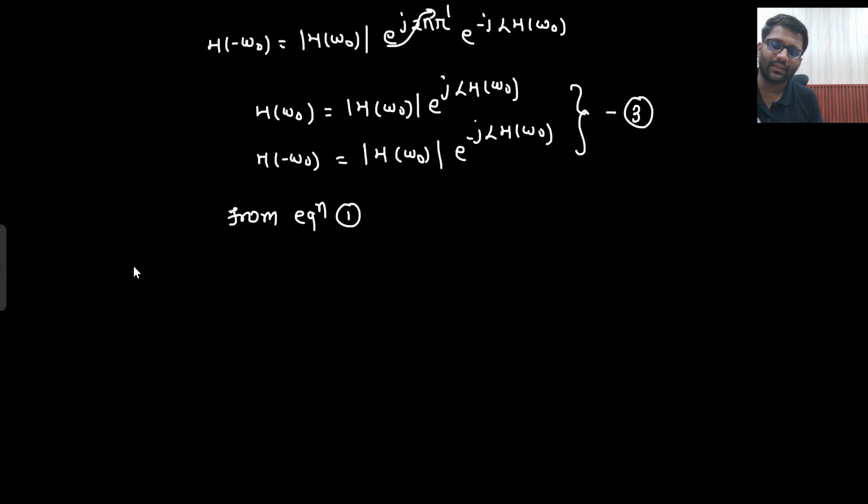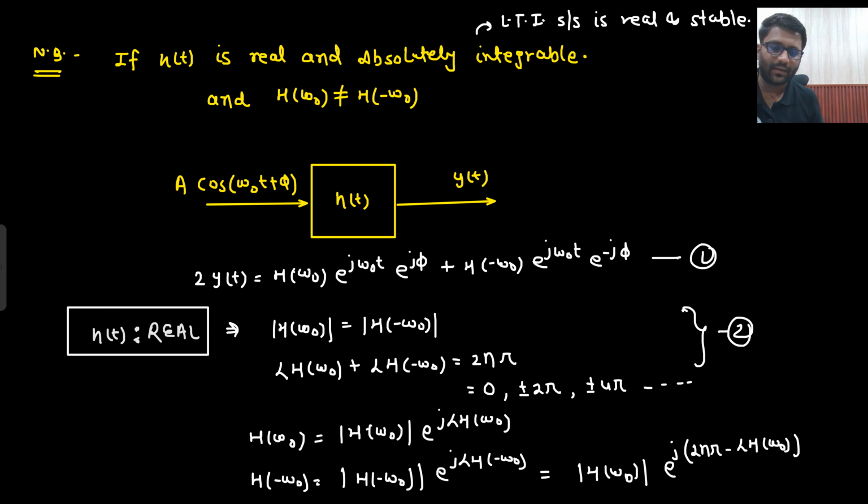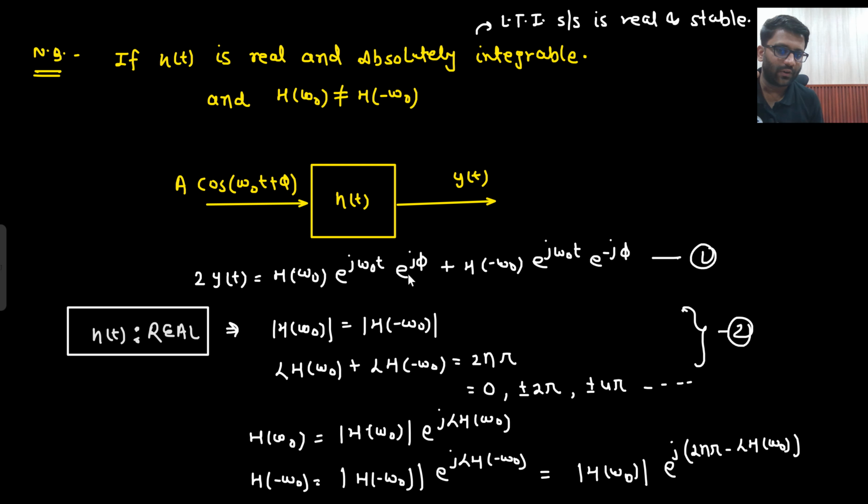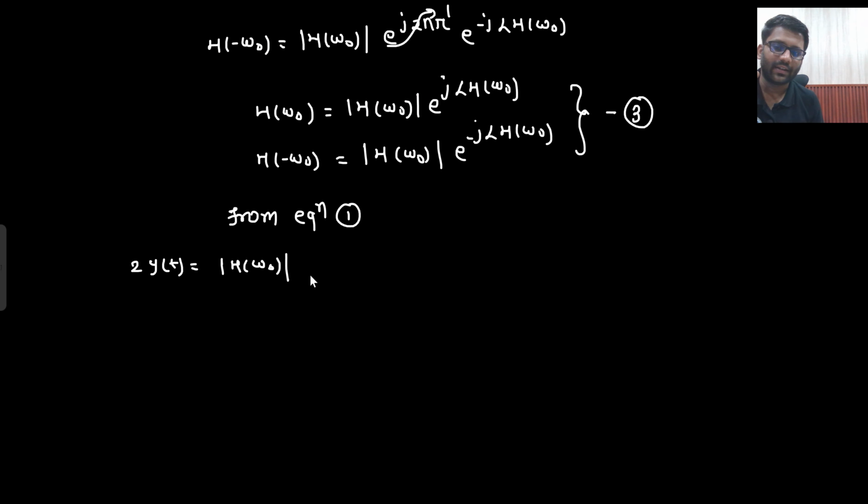So what I can see, 2y(t) is equal to, in place of h of omega naught, I am putting mod of h of omega naught, then e to the power j omega naught t plus e to the power j phi is already there. So e to the power j (omega naught t plus phi), along with that this angle will also come. You agree to this point?